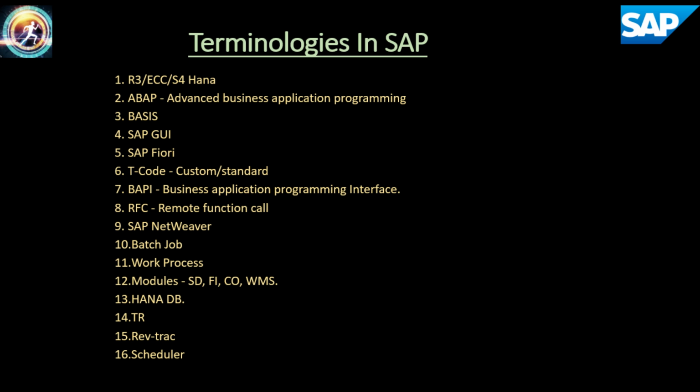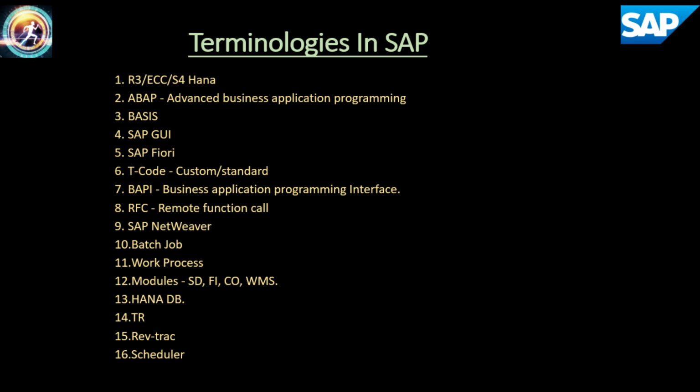For example, I want to create a sales order. We have a T code called VA01. If you give that, it will open that form. You input the details, submit, and all those steps will happen. So a T code is a transactional code using which a specific function, application or business flow is executed.